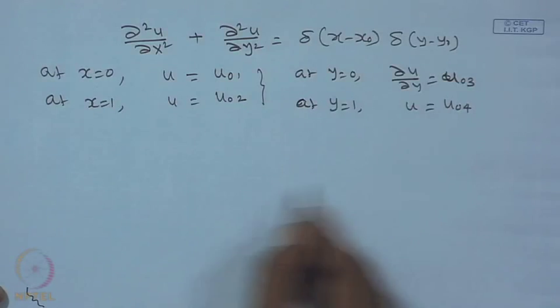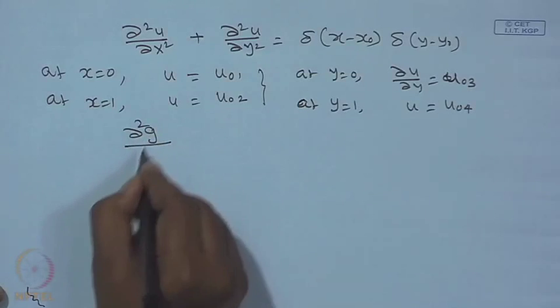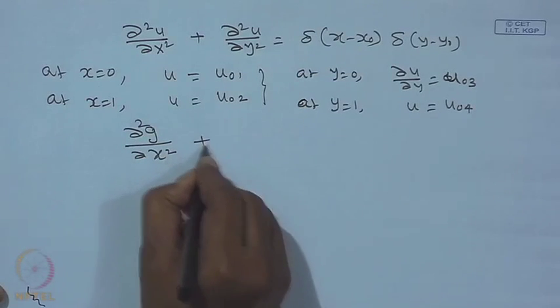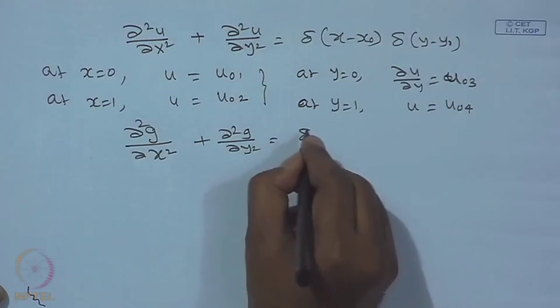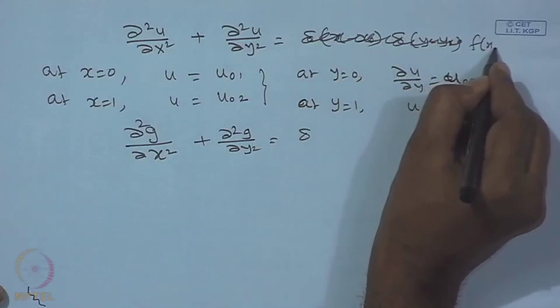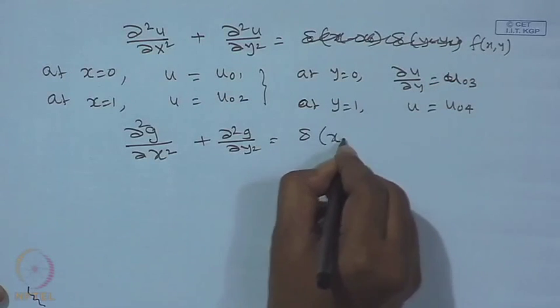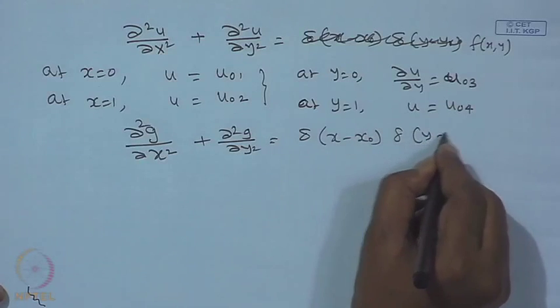Then the corresponding Green's function solution, the governing equation, will be del square g del x square plus del square g del y square is equal to delta x minus x naught delta y minus y naught.